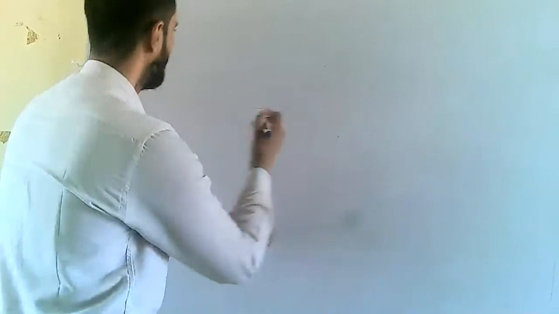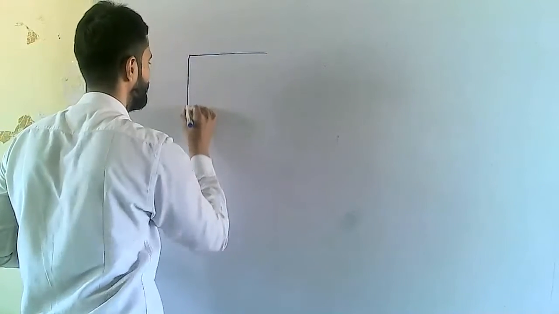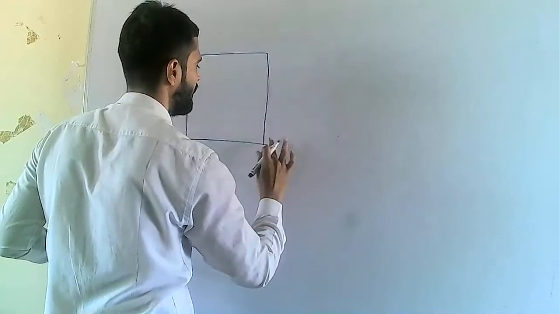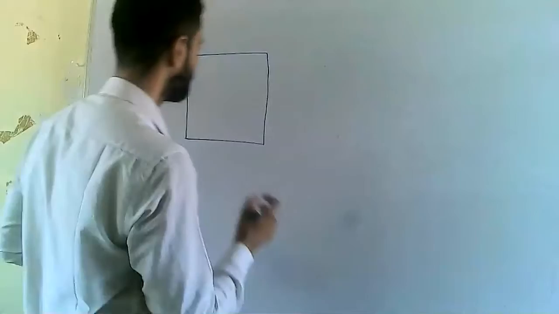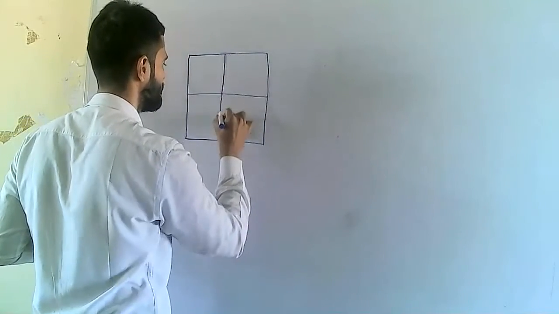So just we have to take what? We have to just draw a rectangle like this, and we have to divide it like this.